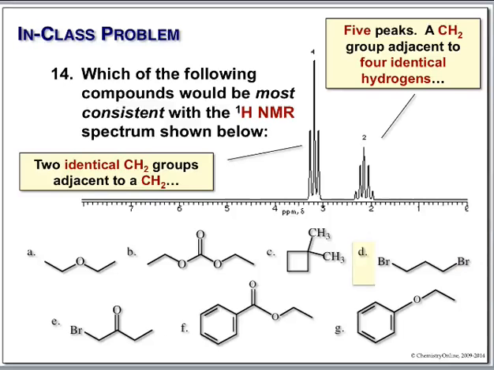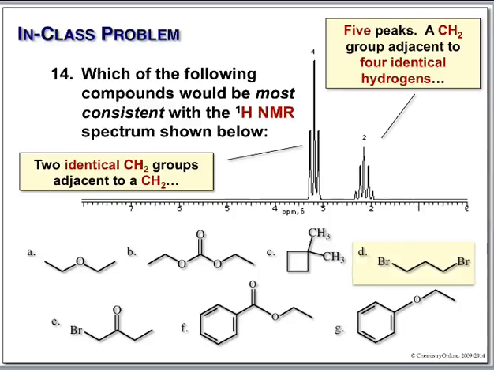Therefore, the one that's going to work here is this guy. Here's our CH2 in the middle. The CH2 in the middle is adjacent to 1, 2, 3, 4 hydrogens. Therefore, it's split into 5 peaks.